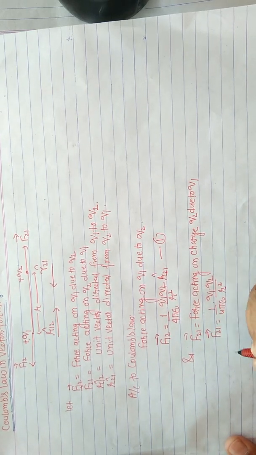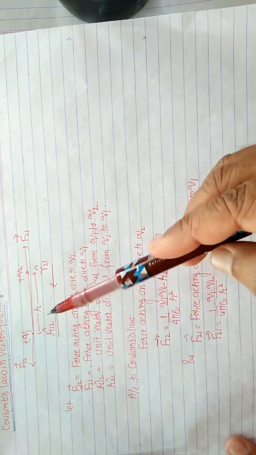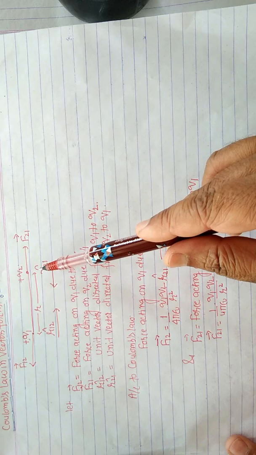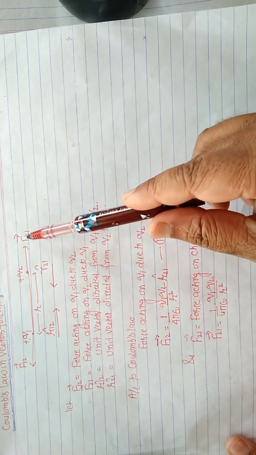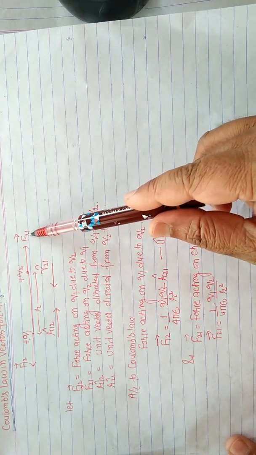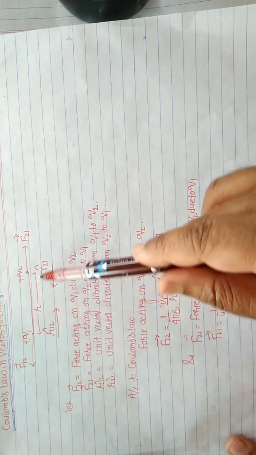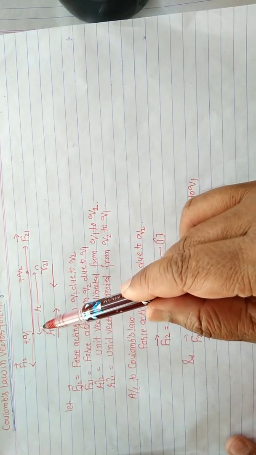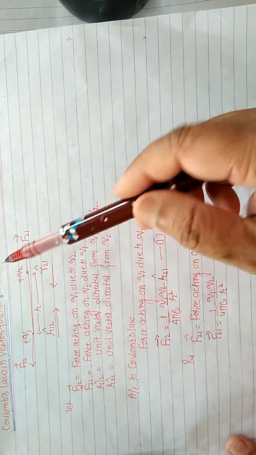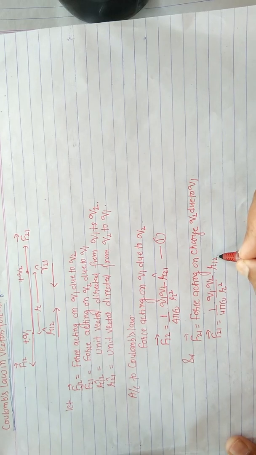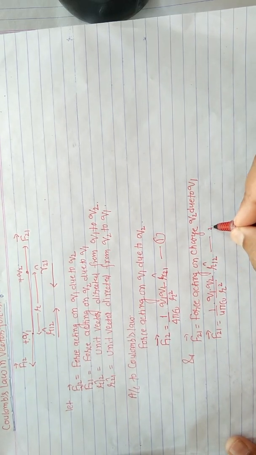Just put an arrow on F21, and from that figure tell me which unit vector has the same direction as F21. The direction of this force is from Q1 to Q2, and out of these two only this R12 cap possesses the same direction. So just multiply by this unit vector R12 cap. Equation number 2.